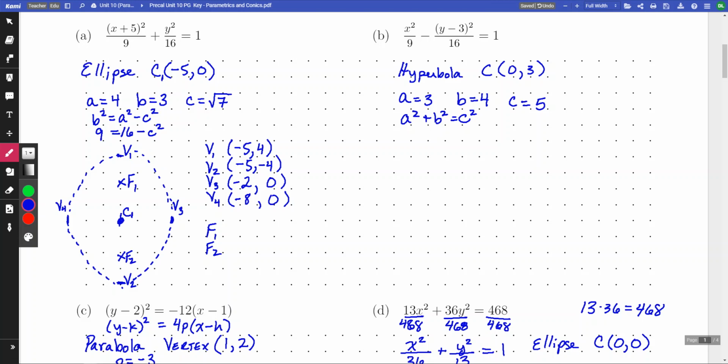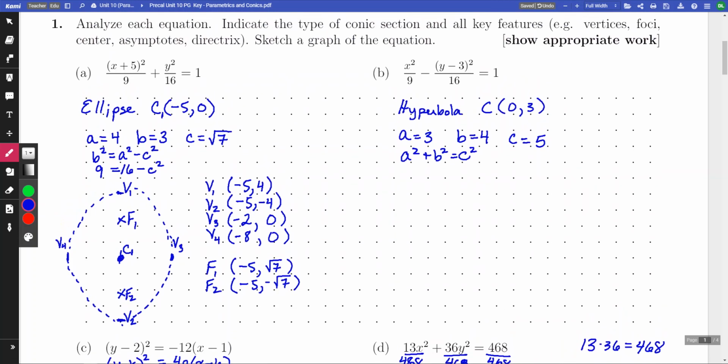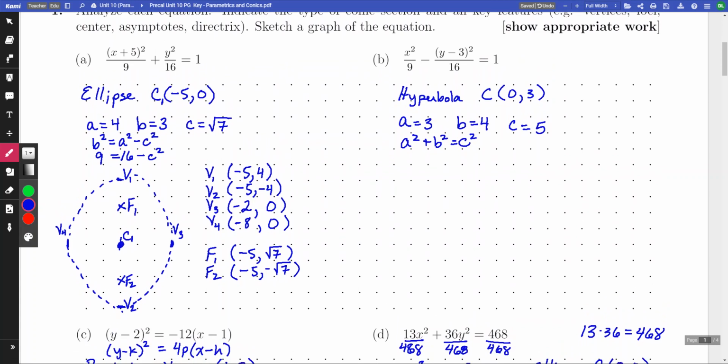So F1, the focus above the center, is going to have an x value of -5 and a y value of root 7, while focus 2 will be -5 and a y value of negative root 7. So that's what I have for my first ellipse, right? And that identified the vertices, the foci, and the center. No asymptotes, no directrix. Okay.